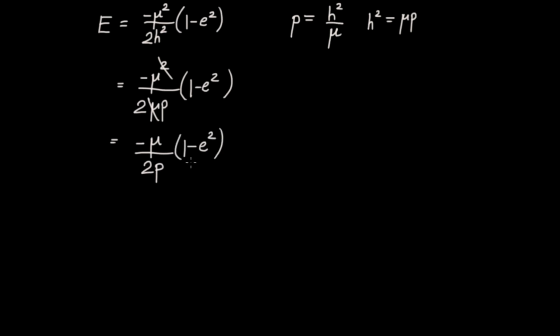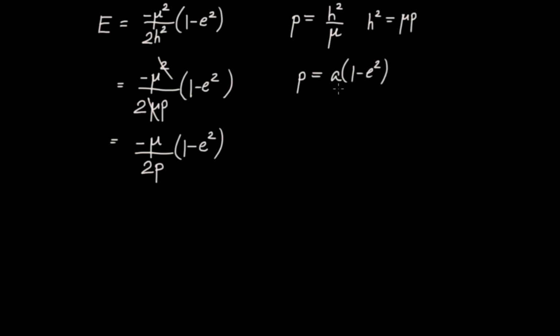Now I'd like to focus on this 1 minus e squared over p thing for a second, because remember we had this other equation relating the semi-latus rectum and the semi-major axis. And that equation was p is equal to a times 1 minus e squared.